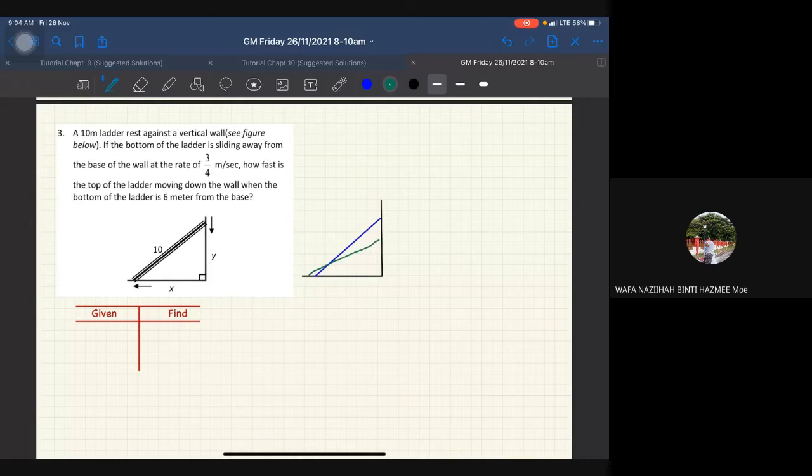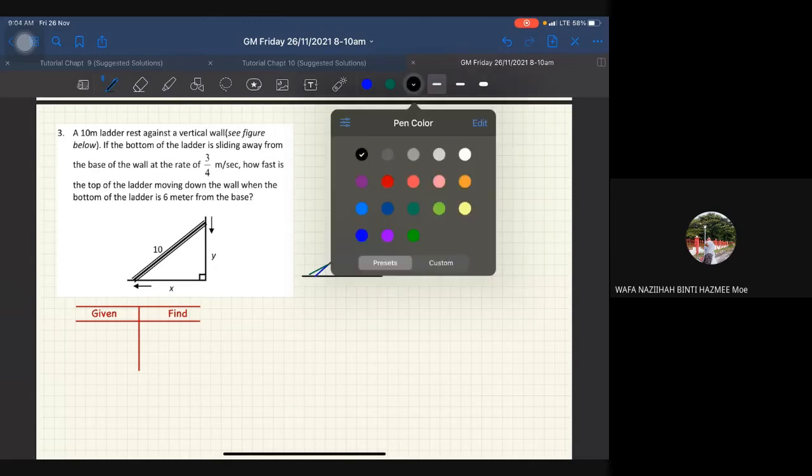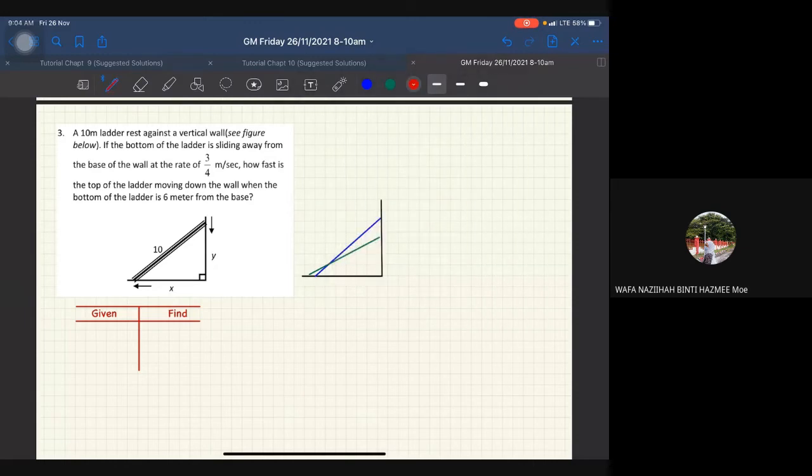Okay, so dia kata kat situ at rate of 3/4 meter per second. So, dekat sini sebenarnya 3/4 meter per second ini adalah actually dx over dt. Okay, sebab dia cakap pasal bottom of the ladder is sliding away from the base of the wall. So, bottom tu dia adalah x. So, dx dt sebenarnya adalah 3/4.